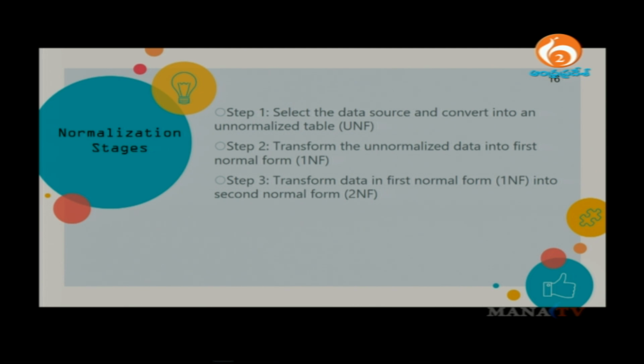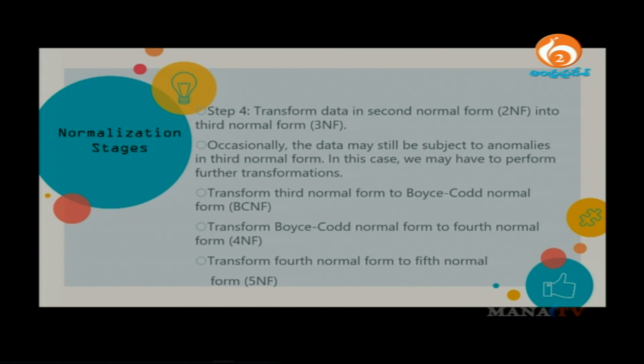First thing is select the data source, convert into unnormalized form. Second point is transfer unnormalized data into first normal form, and the next one is transfer the first normal form data into second normal form, and then transfer the data from second normal form to third normal form.